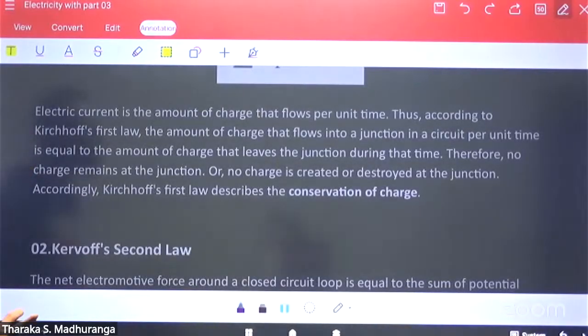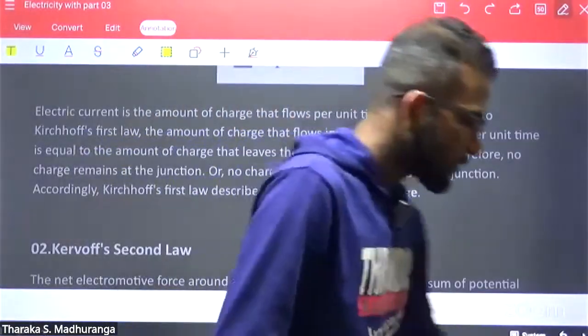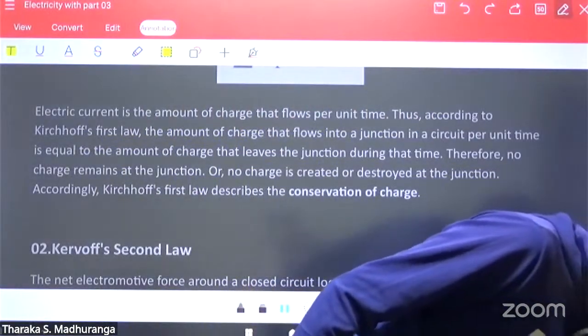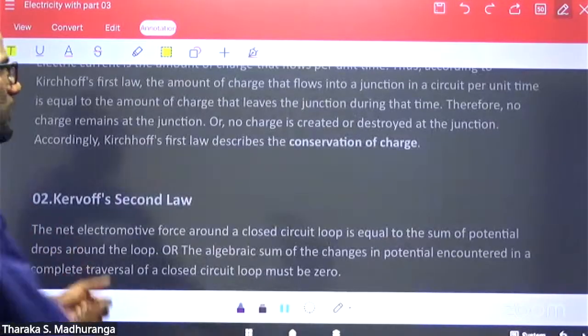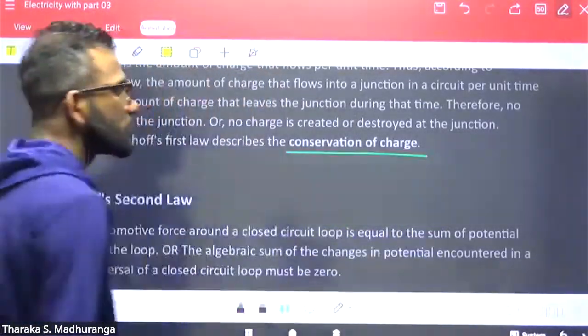Charge cannot be created or destroyed. That is the meaning of conservation of charge.